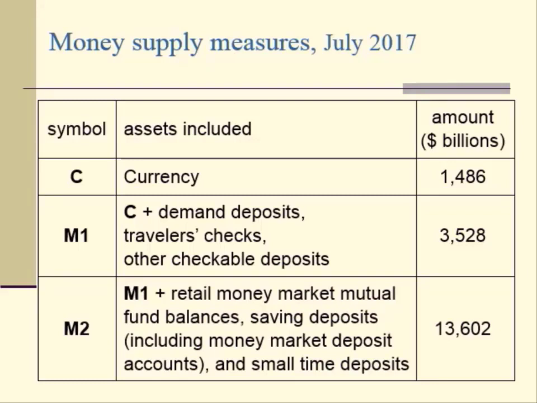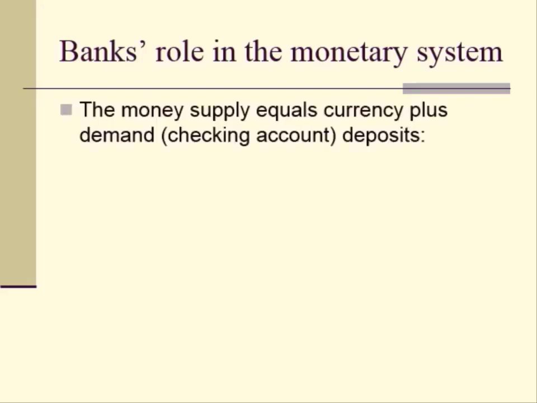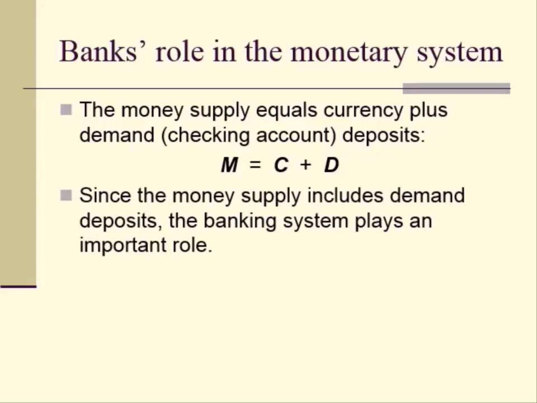M2 is known as broad money, and M2 consists of all of the things in M1 plus retail money market mutual fund balances, savings deposits including money market deposit accounts, and small time deposits, also known as CDs. The definition of the money supply that we use in macroeconomics in general is currency plus demand deposits. And since the money supply includes demand deposits, the banking system plays an important role.